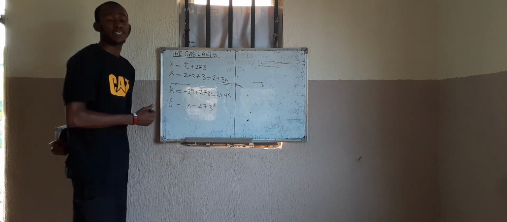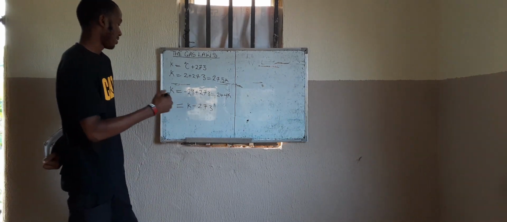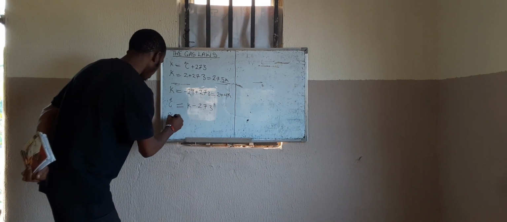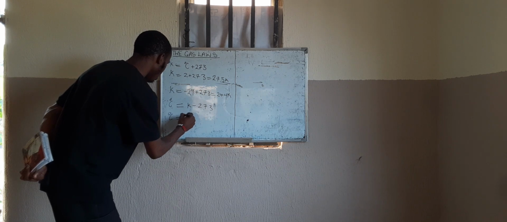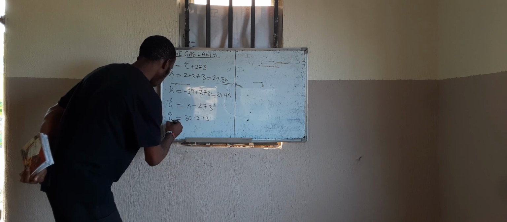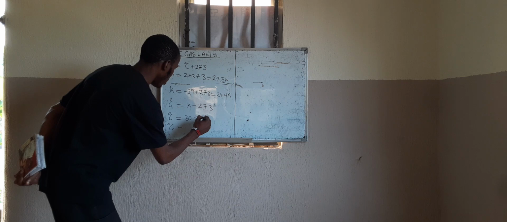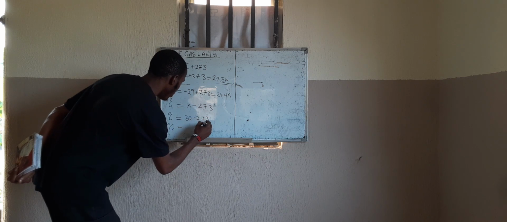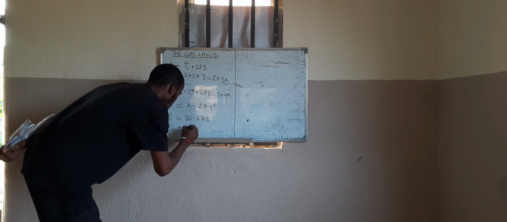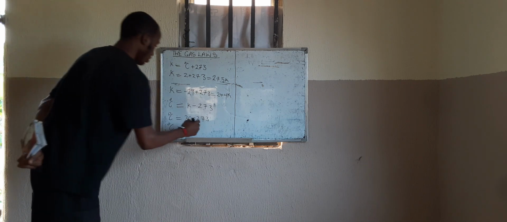Okay, let's say convert 30 Kelvin to Celsius. So the Celsius will now be 30 minus 273. The Celsius will now be equal to minus 243 degrees Celsius.